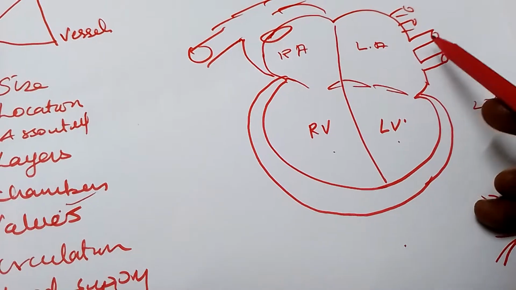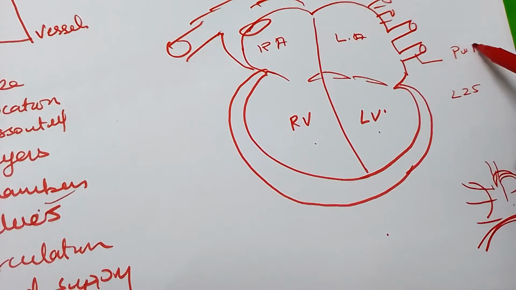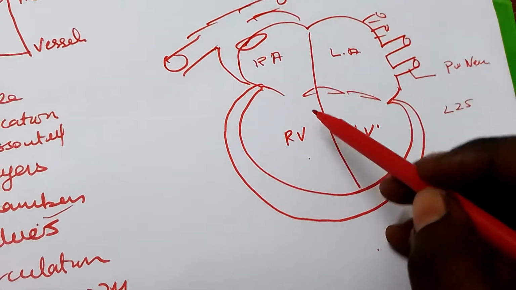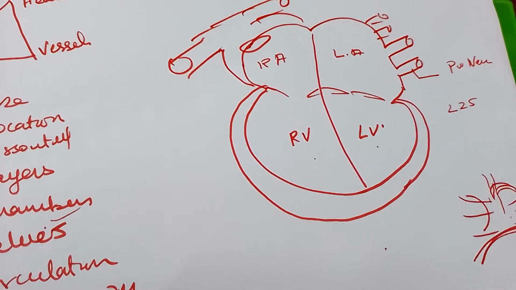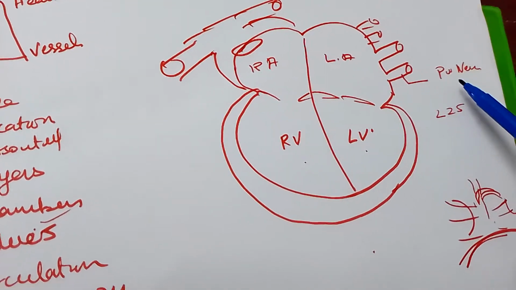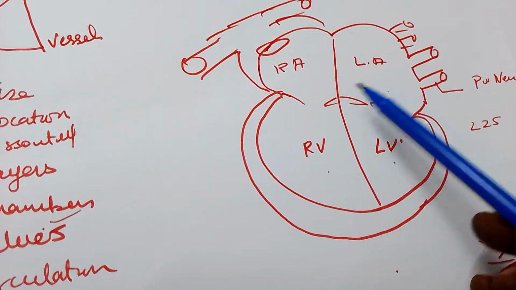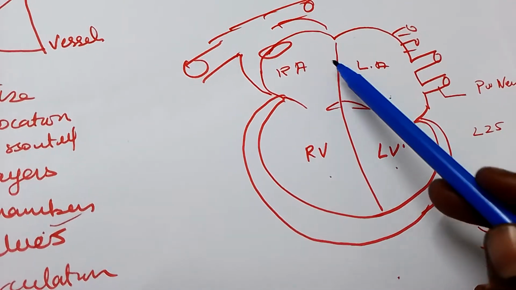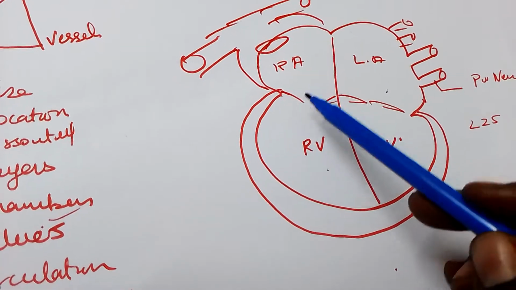This is called the pulmonary veins. Understand? The pulmonary veins always carry oxygenated blood. If you see the right and left sides of the heart, the right side always has deoxygenated blood.